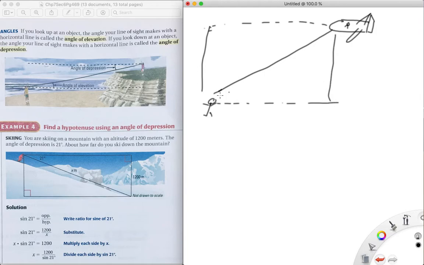The line of sight of the dude looking up on the plane is called the angle of elevation. The line of sight of the guy looking down on the dude is called the angle of depression.